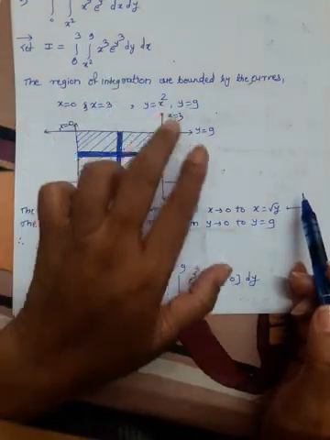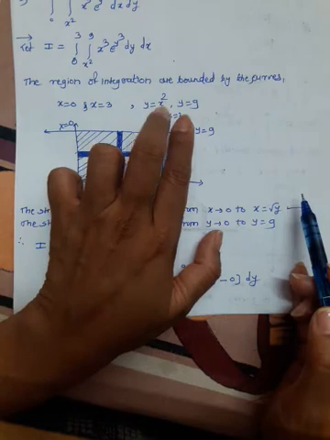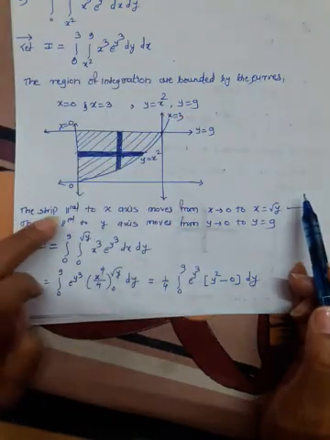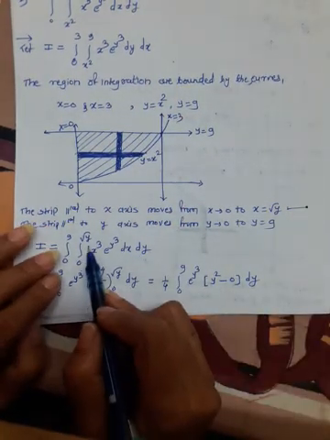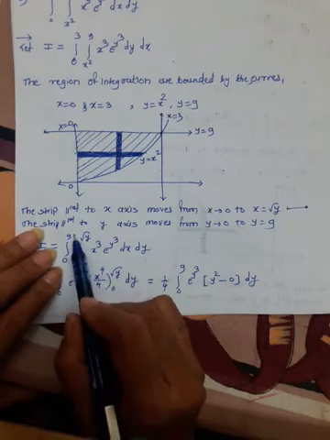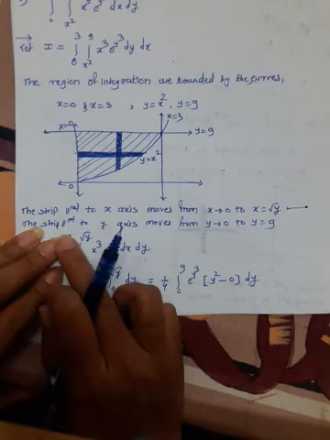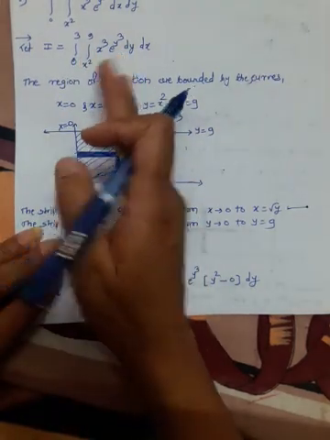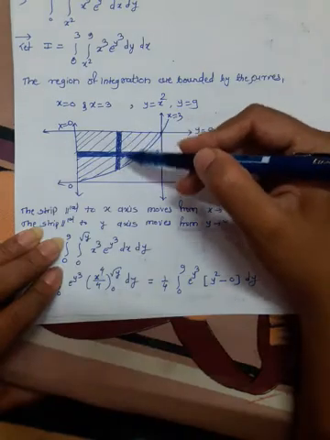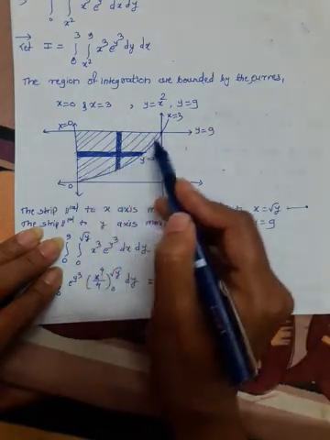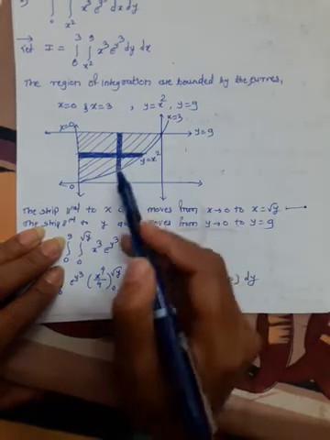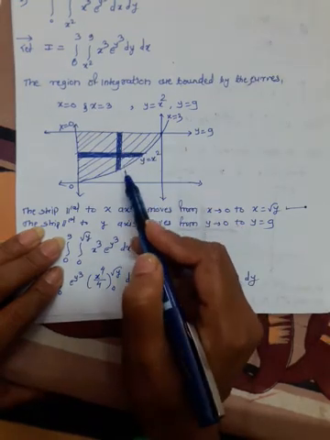Now in the original example the y limits are variable, so we have to find the y limits in terms of constants only. Now consider the strip parallel to the y axis. This strip starts from here and moves like this across this area.